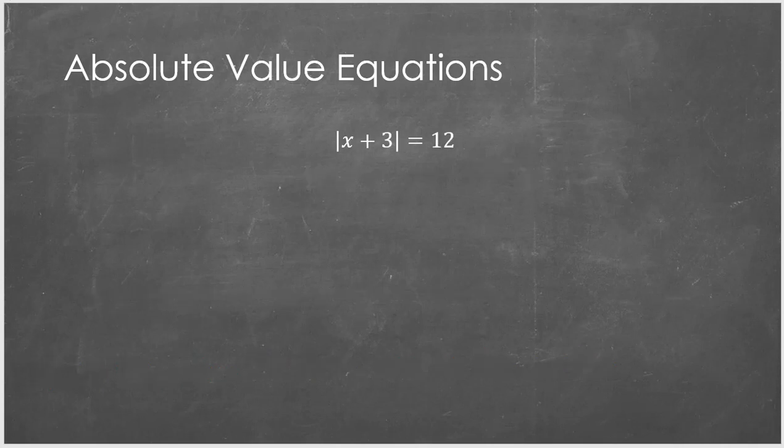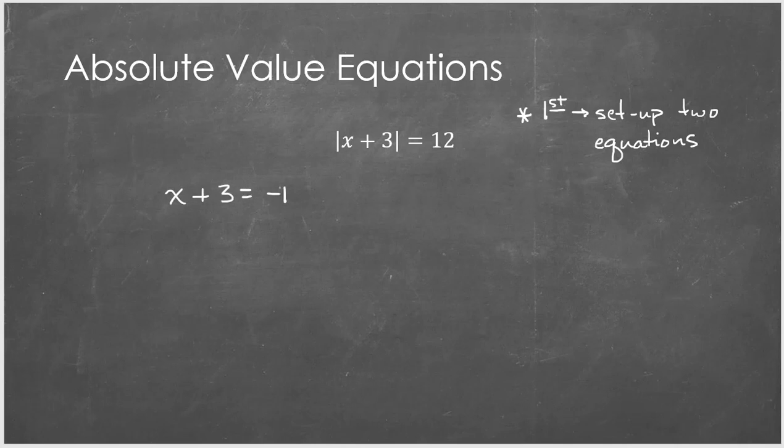All right, this one says the absolute value of x plus 3 equals 12. So the first thing I'm going to do is set up 2 separate equations to account for the distance left of 0 and the distance right of 0. On one side we're going to have x plus 3 equals negative 12, and you'll notice I've taken away the absolute value bars, so that's part of our first step also.